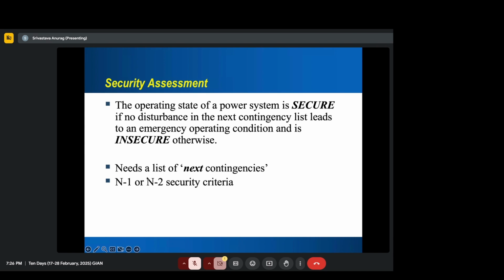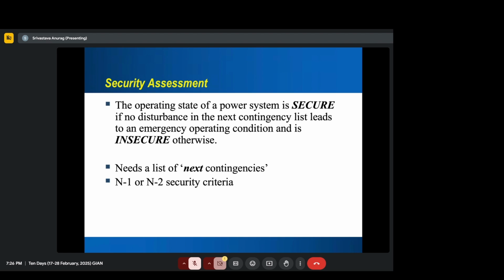If it is two combinations, once you say n minus 2, the combination becomes a lot, right? So 1100 times 1099 will become the combinations that we will analyze, because we have to make pairs of two different possible contingencies.